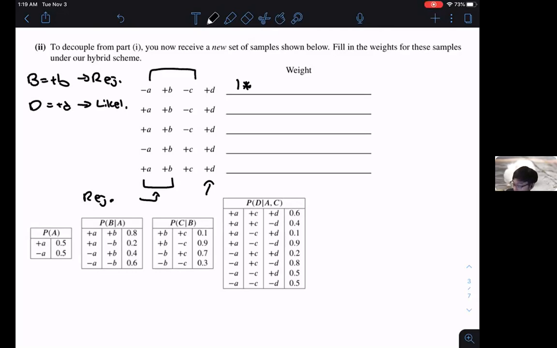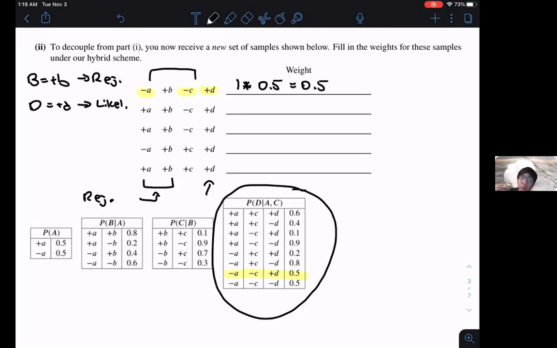In this case, that just comes down to reading the values straight from this table. For example, in the first sample we have plus b, minus a and minus c, which corresponds to plus d, minus c, minus a, right here. Then we read that value off here, 0.5, so that's just equal to 0.5.